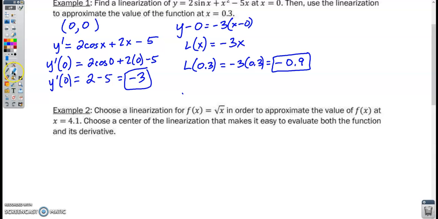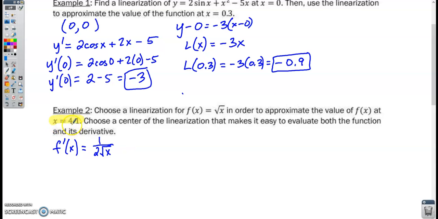Okay, so we want to use the linearization in this example to approximate the value of the function at x equals 4.1. That means we want to set up a linearization at a value that's close to 4.1 for which the value of the function and the value of its derivative are easy to calculate.